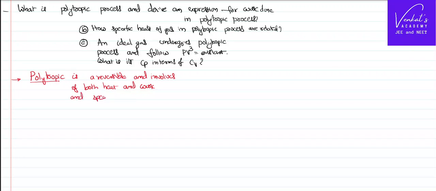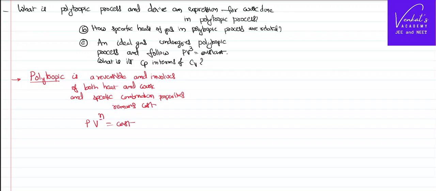a specific combination of thermodynamic properties remains constant. So here we will say the relation between the pressure and volume is PV power n equal to constant.